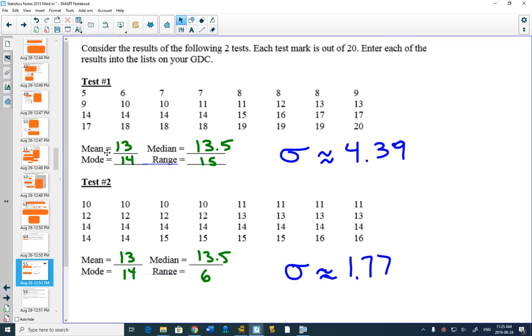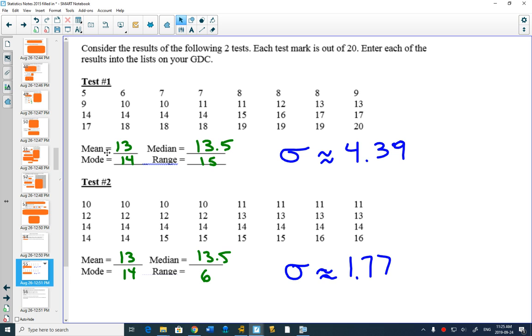But in this one, with a standard deviation being close to 2, I have about 70% of people between 11 and 15. And so we're going to learn how to use these standard deviations and what they mean and how they can tell us more information about the data. It can tell me I know where 95% of people are in my class based on those numbers.